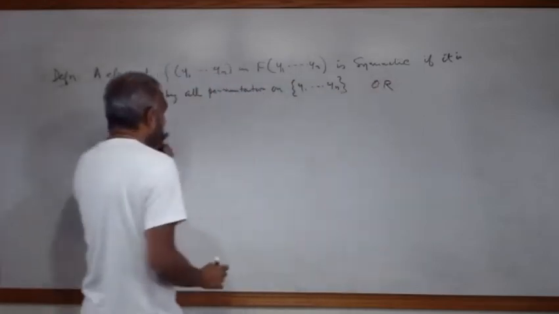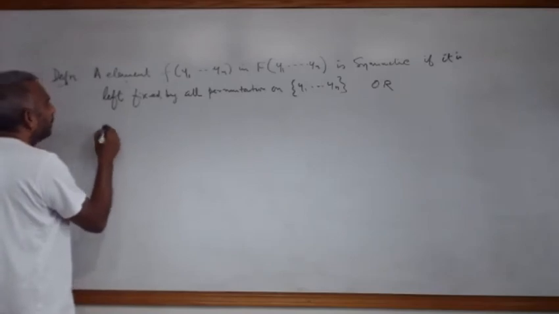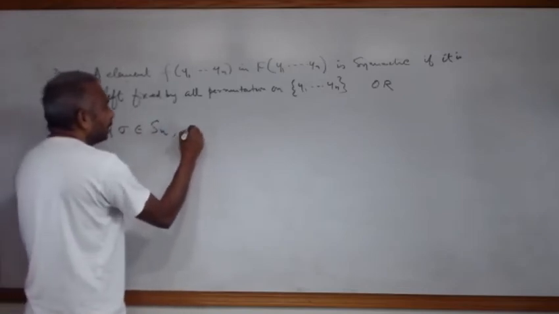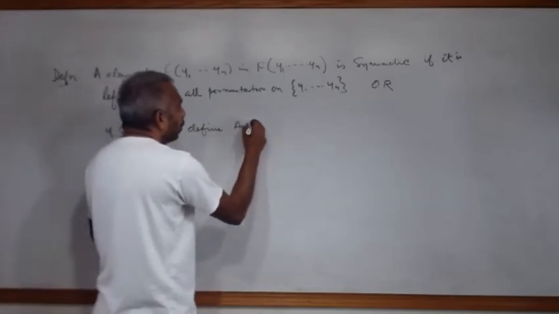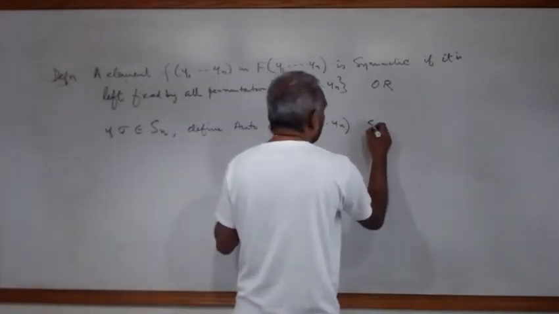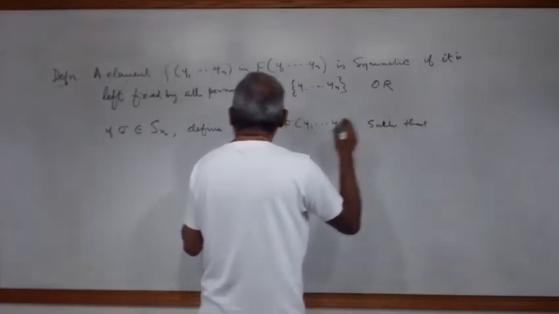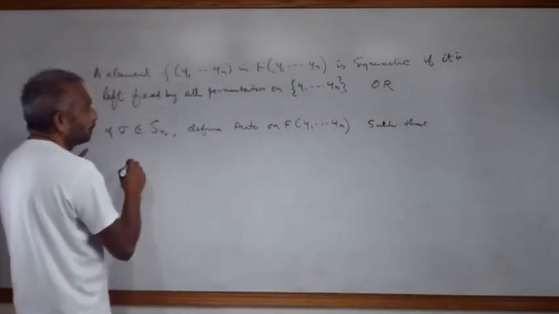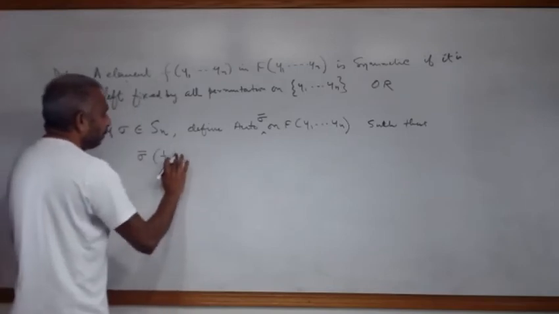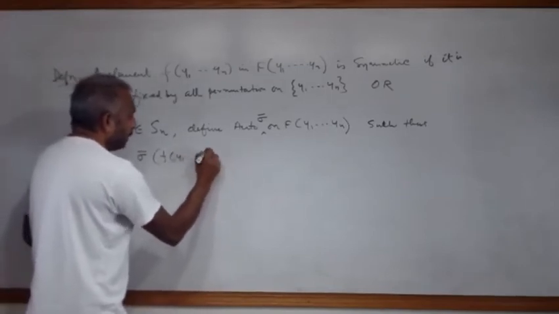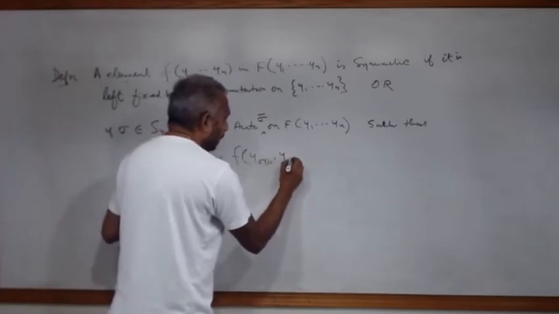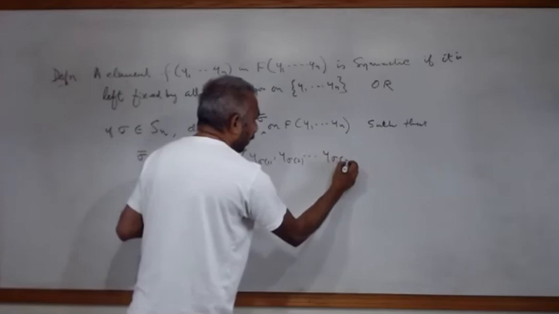or we'll define it in another way. If sigma belongs to Sn, define an automorphism on F(y1, ..., yn) such that, define automorphism sigma bar: sigma bar of f(y1, ..., yn) is equal to f(y sigma of 1, y sigma of 2, ..., y sigma of n).